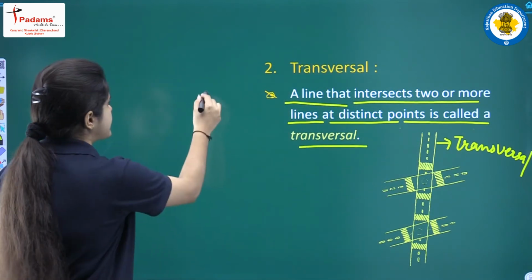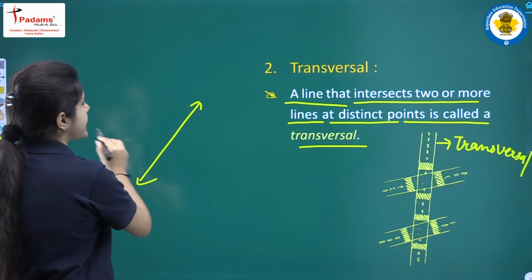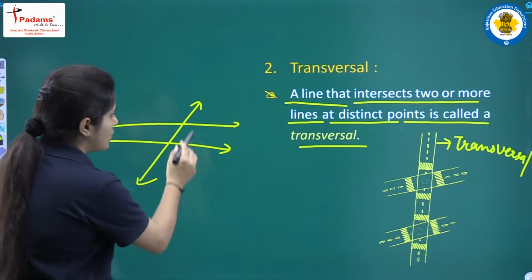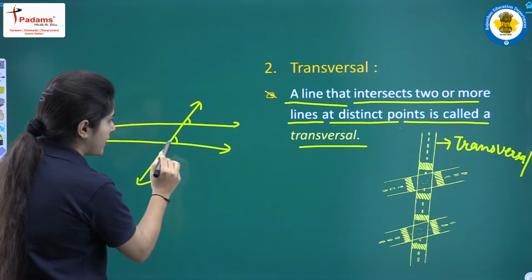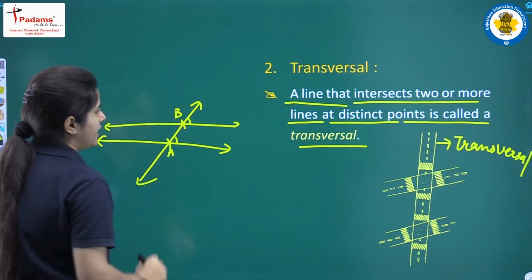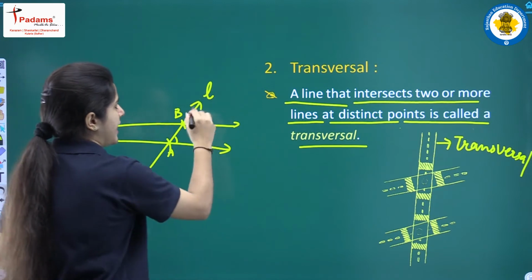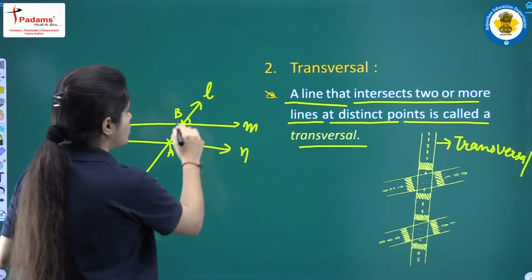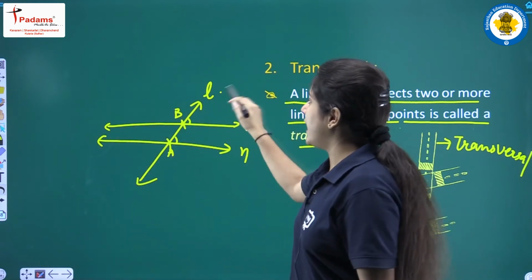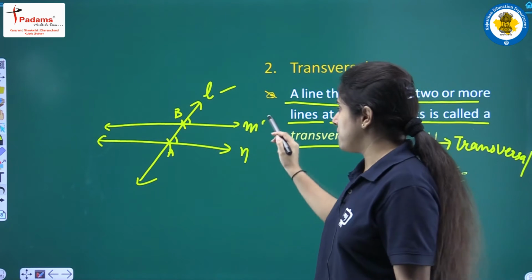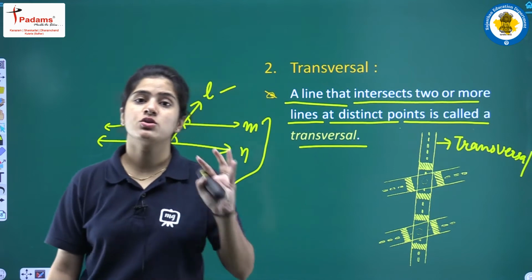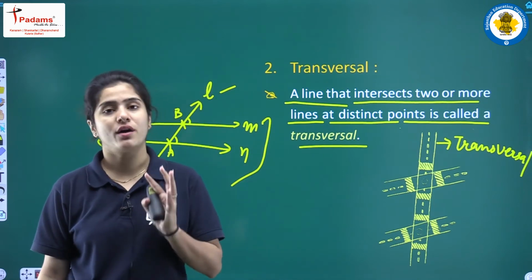Alright, students, so basically if this is a line, and this line is cutting these two lines at two distinct points, like this point A and this point B. Okay, this line L is cutting the lines M and N at two distinct points, that is A and B. So it means that line L is a transversal to lines M and N. Okay, students, so basically a transversal is a line which is cutting two or more lines at distinct points.